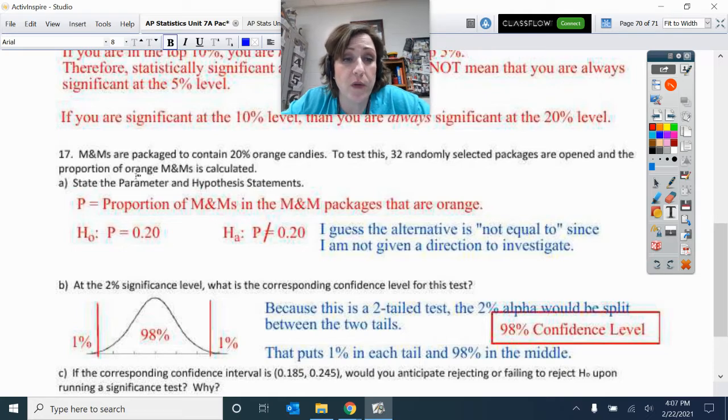So we are going to hypothesize about the proportion of the M&Ms in the M&M packages that are orange. And so we're hypothesizing the claim of 20%, but we don't know. We were not told that we think it's higher or that we think it's lower. So therefore, I'm going to do a not equal to, a two-tailed, because I don't know which direction I'm investigating.